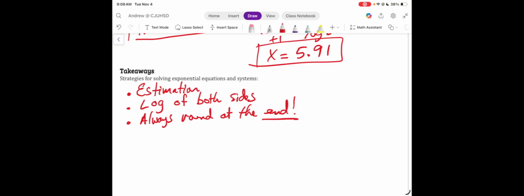Some equations can't be solved easily algebraically, so you can solve graphically. And that means looking for a point of intersection.